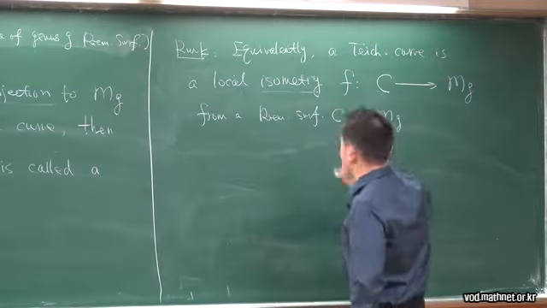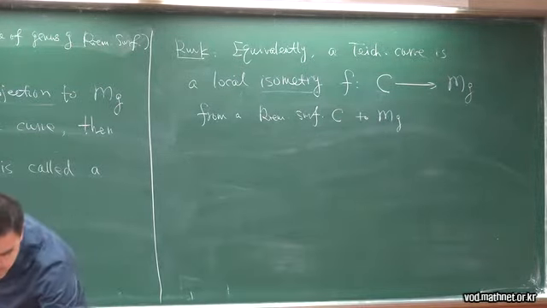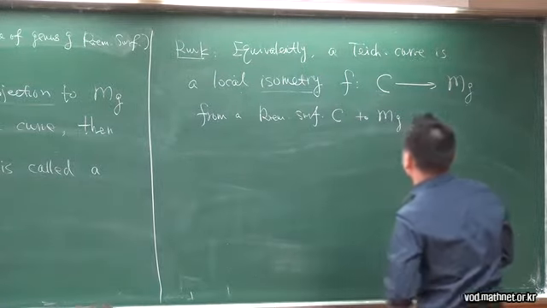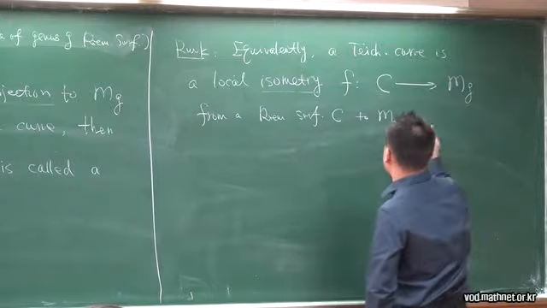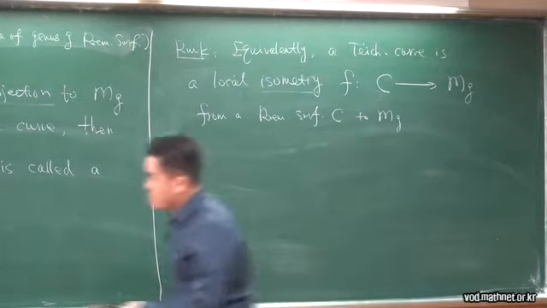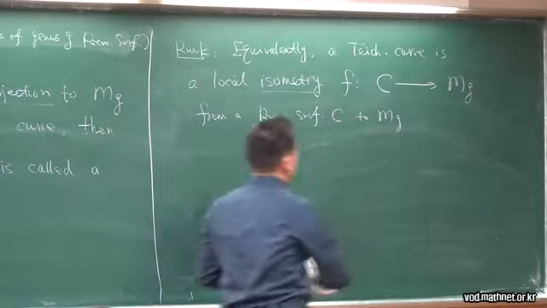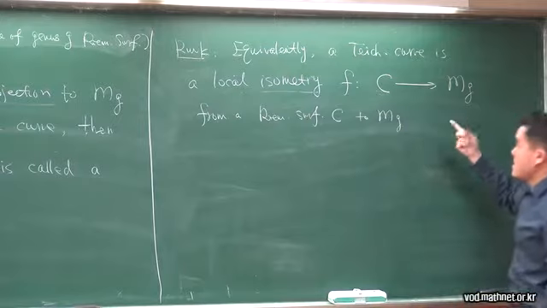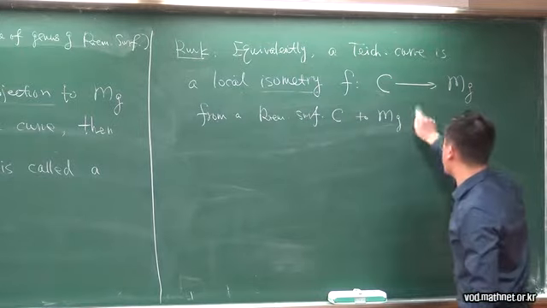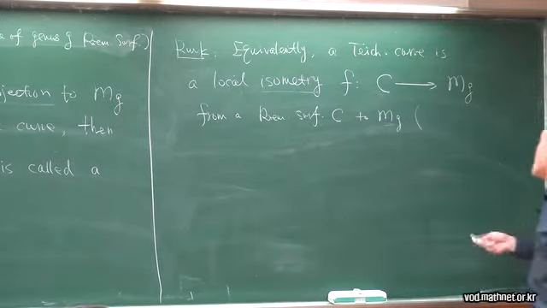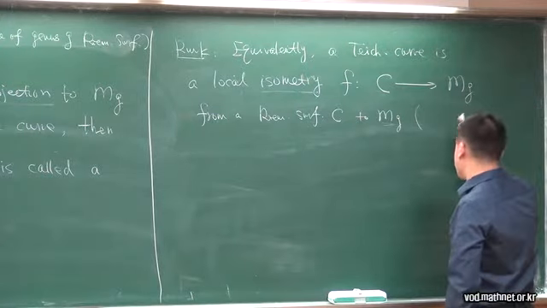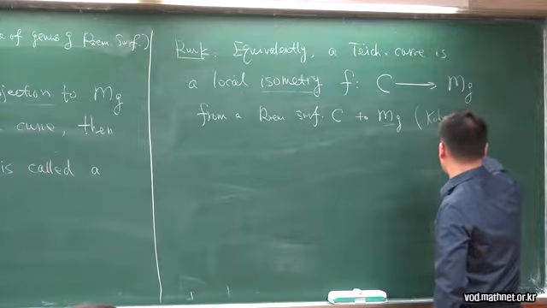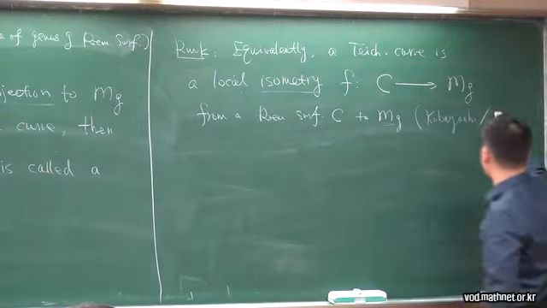On MG, the metric I want to put is a special one called the Kobayashi, or equivalently Teichmueller, metric.